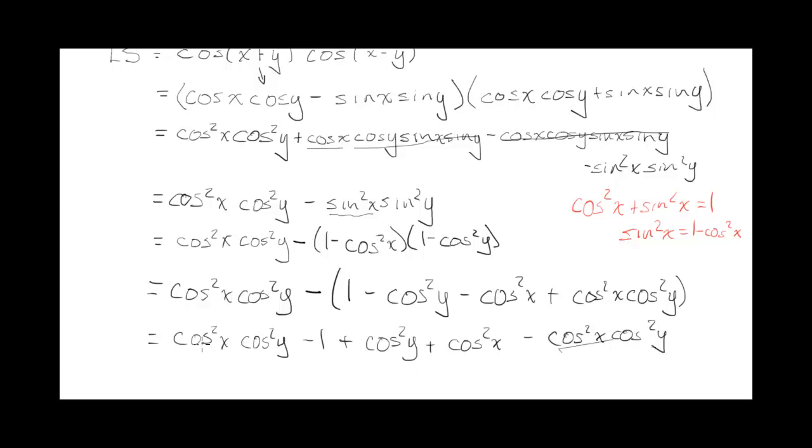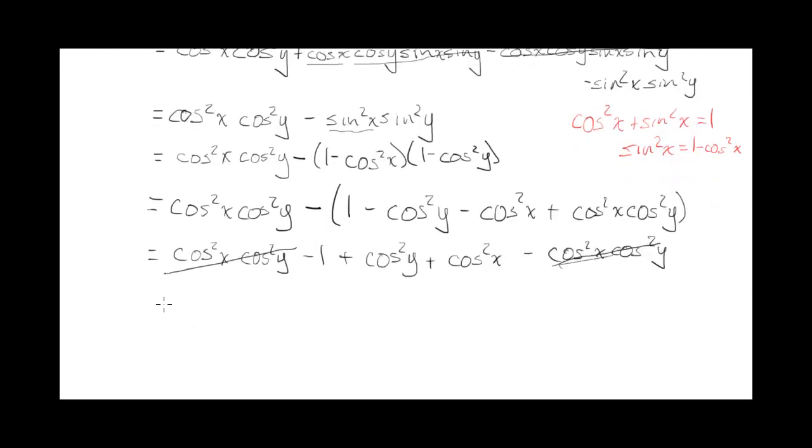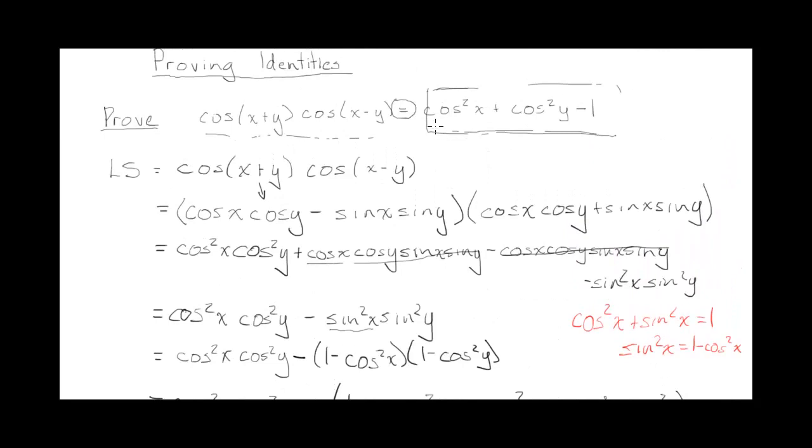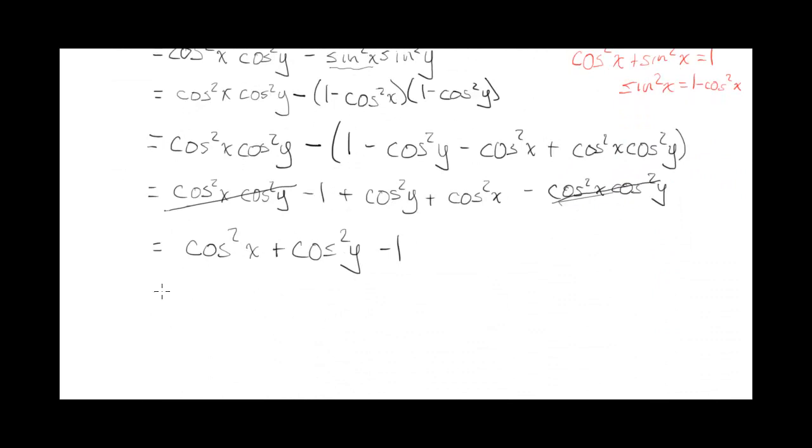Notice the last term and the first term cancel out. I'll rearrange and write the cosines first: cosine squared x plus cosine squared y, and then the minus 1. That is the right side of the identity we were given. So the left side is equal to the right side.